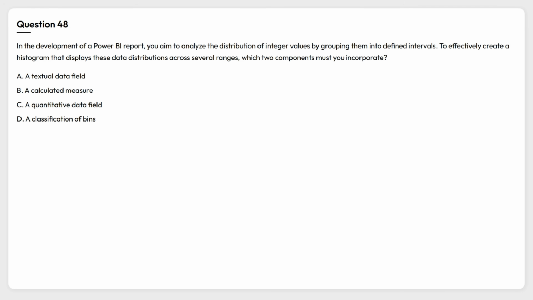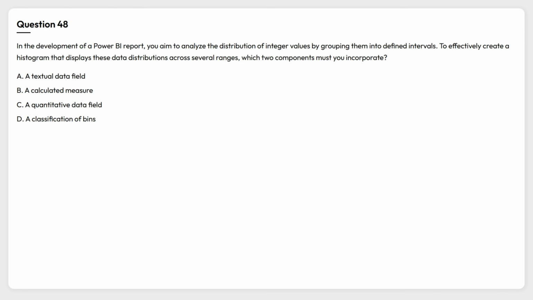Question number 48. In the development of a Power BI report, you aim to analyze the distribution of integer values by grouping them into defined intervals. To effectively create a histogram that displays this data distribution across several ranges, which two components must you incorporate?